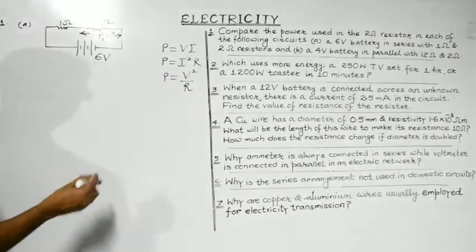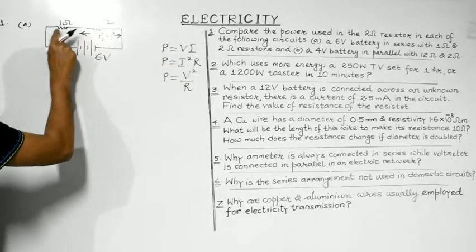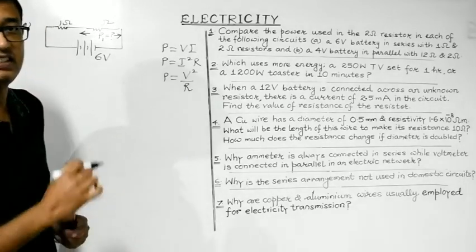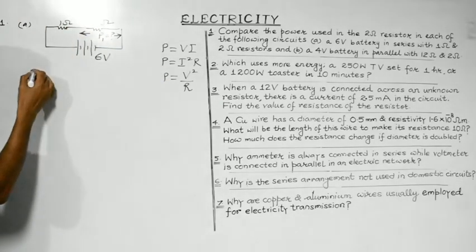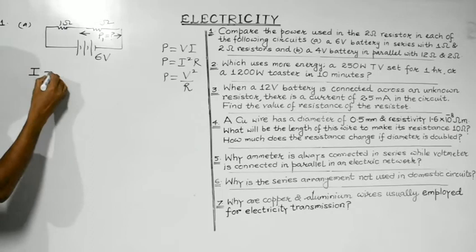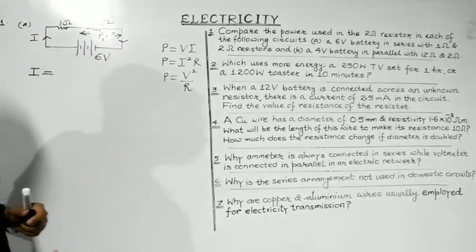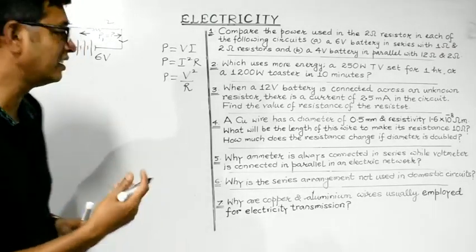So here what we do is, current across both the resistors is constant as both the resistors are connected in series. So what will be the current, students? Current would be the net current. I am talking about the net current. Net current, as per the Ohm's law, it would be potential difference over net resistance.